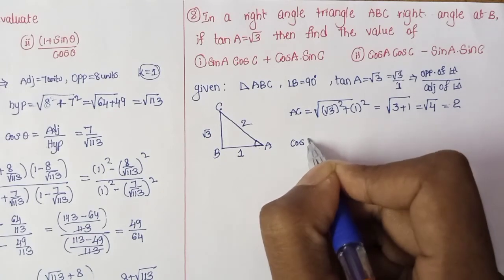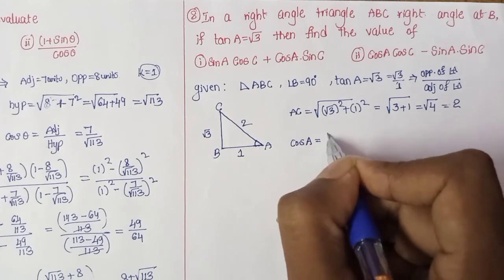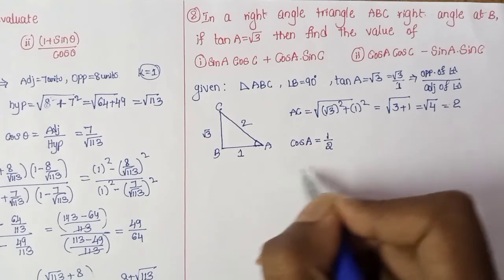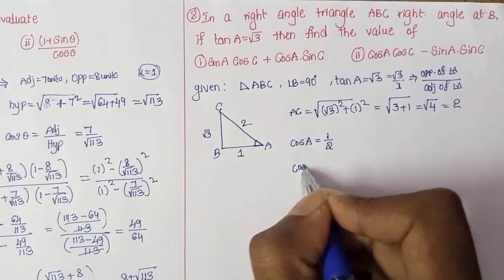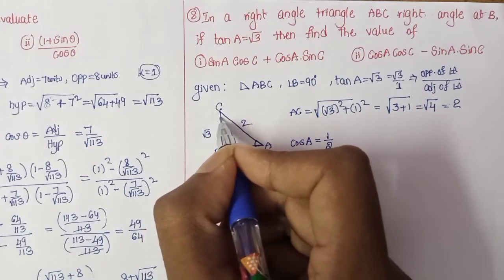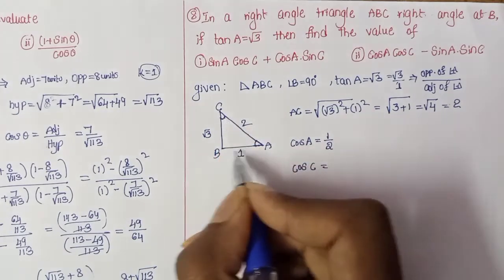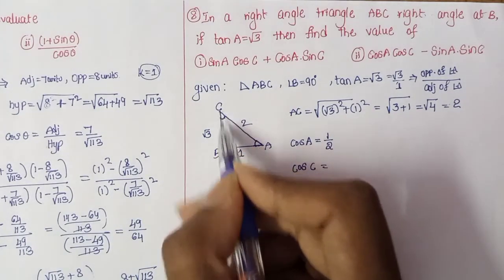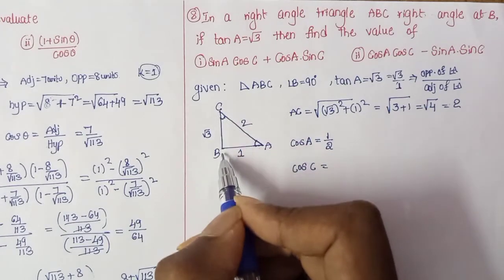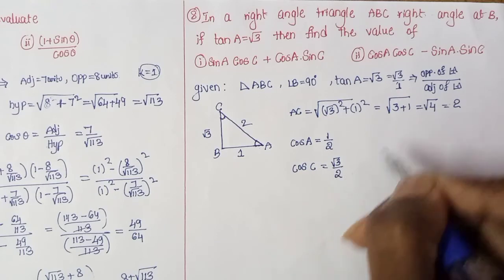First, we calculate cos A. Cos A is adjacent side by hypotenuse, which is 1 by 2. Next, cos C. Cos C here also is adjacent side by hypotenuse. For C, the adjacent side is root 3. So cos C is root 3 by 2.